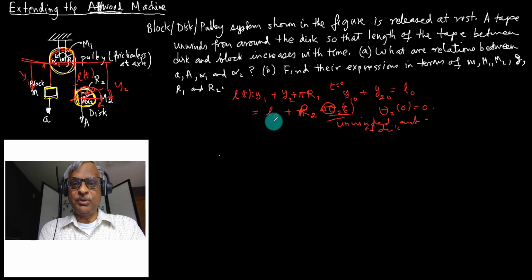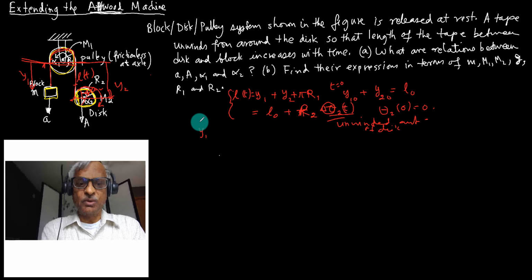So if you take time derivatives of these things, y1 double dot plus y2 double dot, two time derivatives, where dot is d by dt.